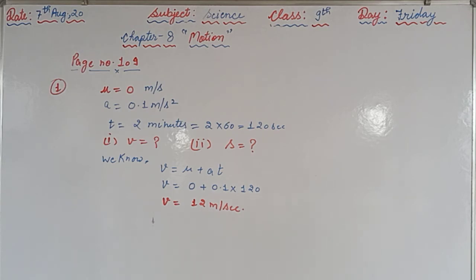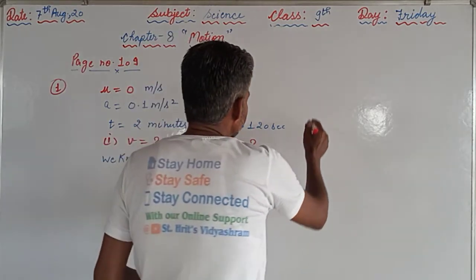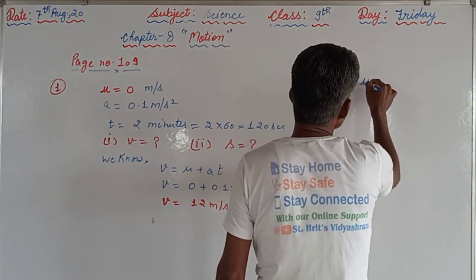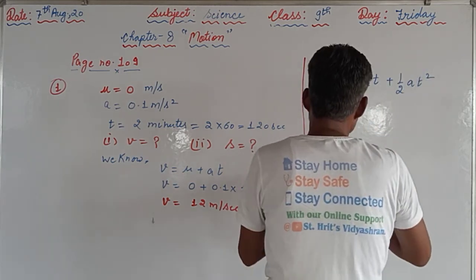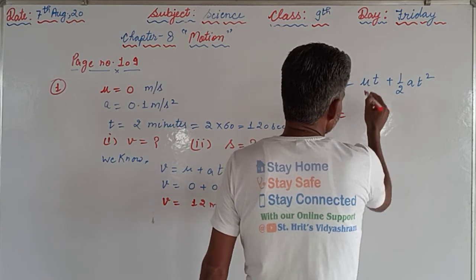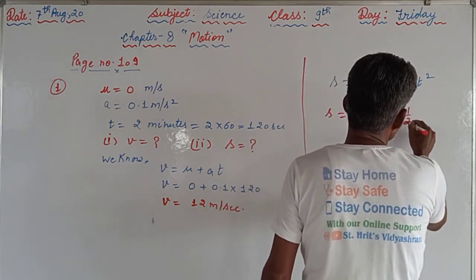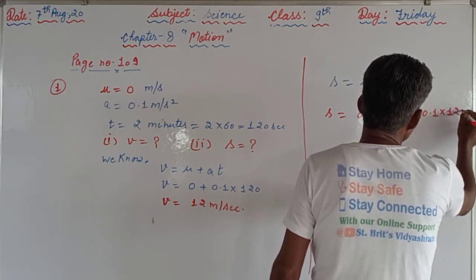At the same time, we have to find the distance covered during this time. For that we can use the second equation of motion, that is S is equal to ut plus half at square. S we have to find, U is 0, so 0 into 120 plus half into A, which is 0.1, and T is 120.